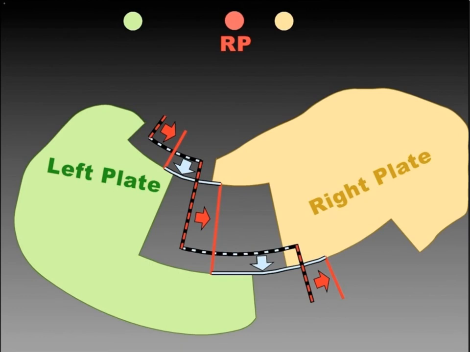So the transform faults are moving, the ridge axes are moving, the plates are moving, and so the picture that emerges from this is that plate tectonics is an enormously fascinating study of complicated motions on the surface of the Earth.